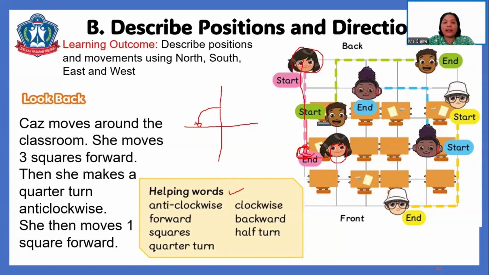Clockwise is going to the right. Forward means you go forward. A square is 1 block, so from here going here is 1 square or 1 block. A quarter turn means 1 like this. We will discuss more about these helping words in our class.